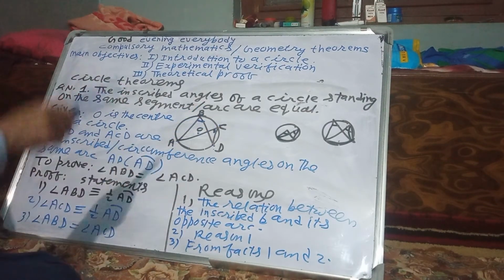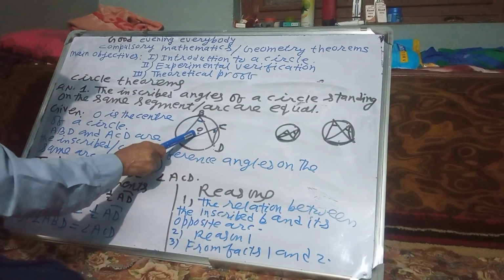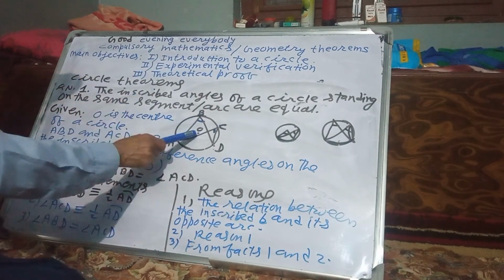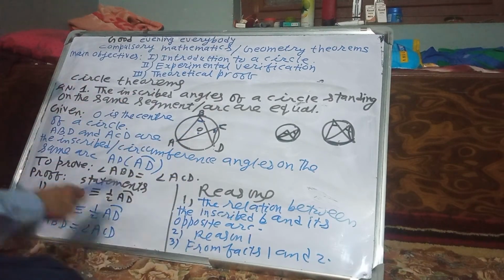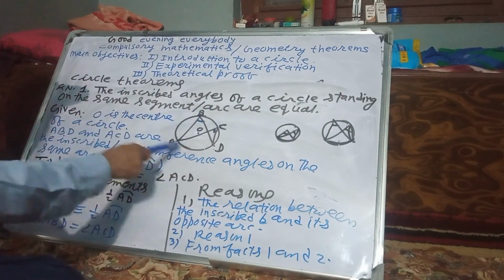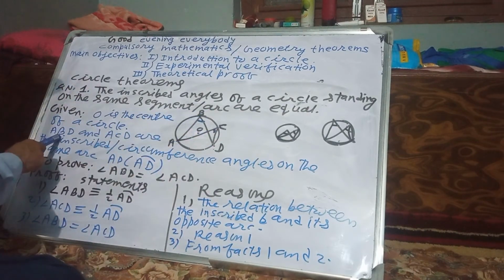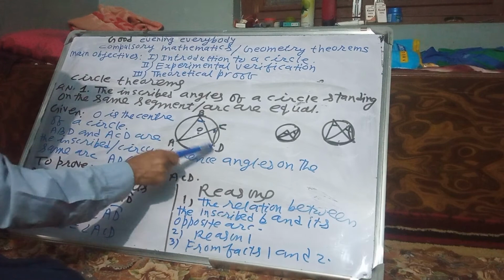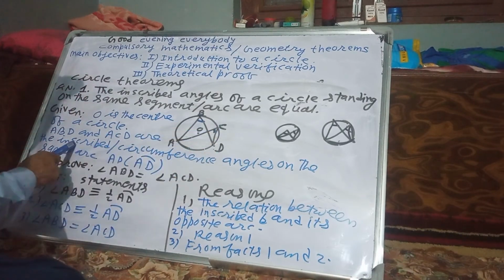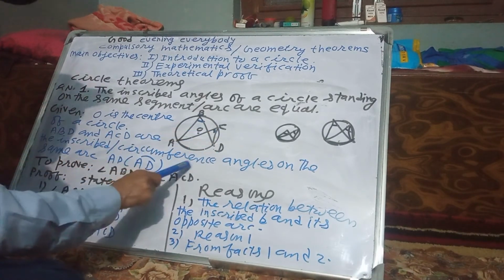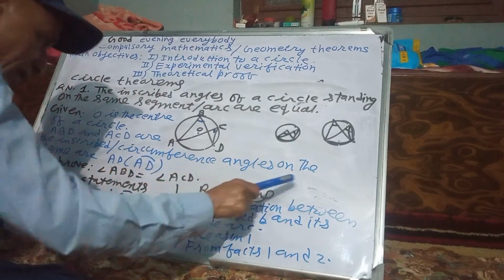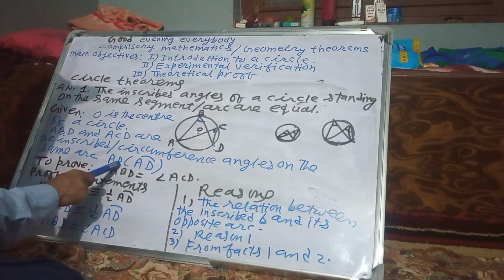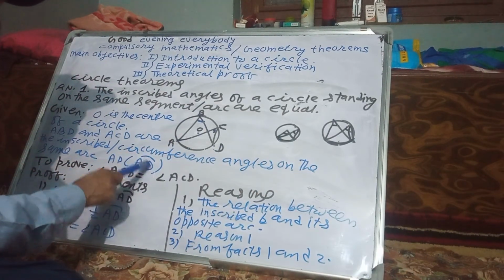O is the center. In a circle, always mark O as the center. Given O is the center of the circle, ABD and ACD are the inscribed angles or circumference angles on the same arc AD, which is denoted by arc AD.